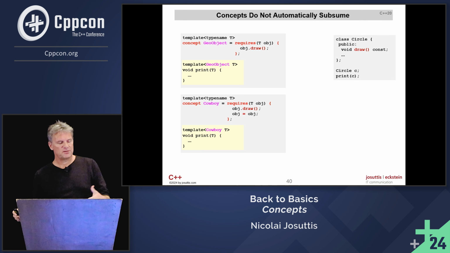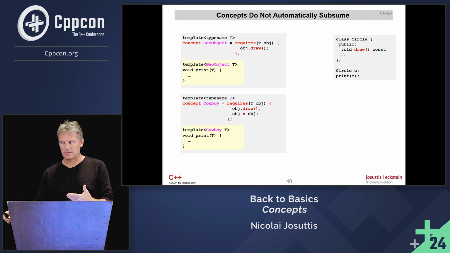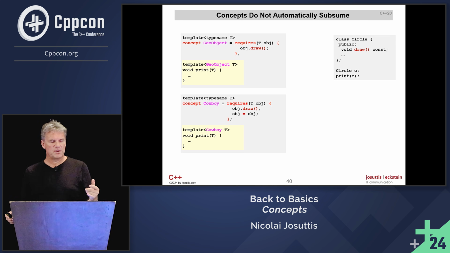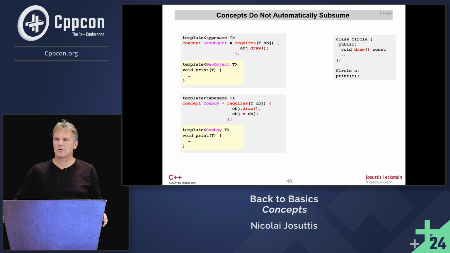We said, and in addition, we require the assignment operator. It's not that the circle does not support assignments. It is that we don't require that for geometric objects. So if we would now say a cowboy subsumes a geometric object, we would say, yeah, a cowboy is a special geometric object.